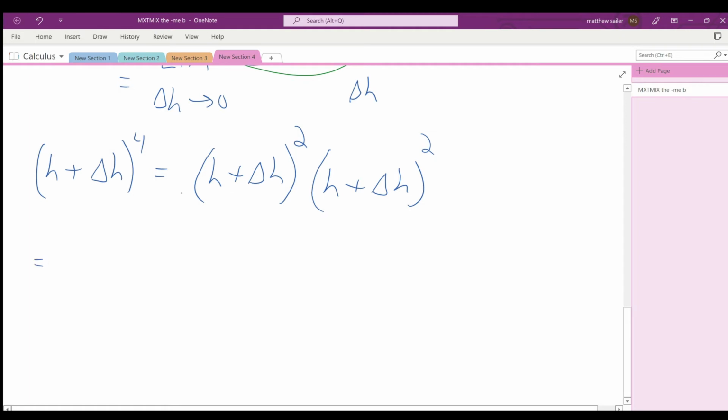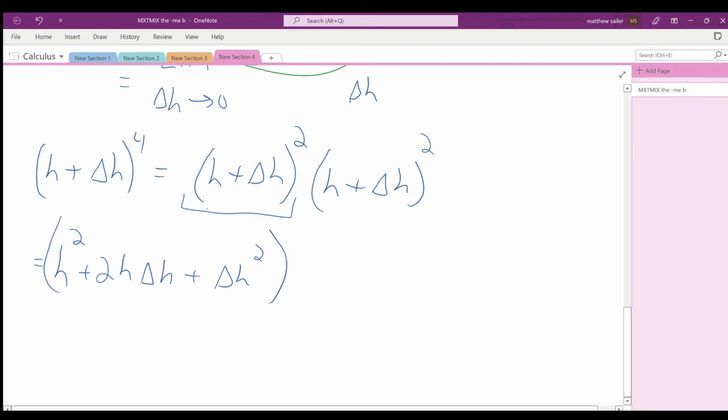Alright, so using the FOIL method, we know that h plus delta h squared is the square of the ends, so h squared, plus delta h squared, and then 2 times the center multiplied together. So 2h delta h.